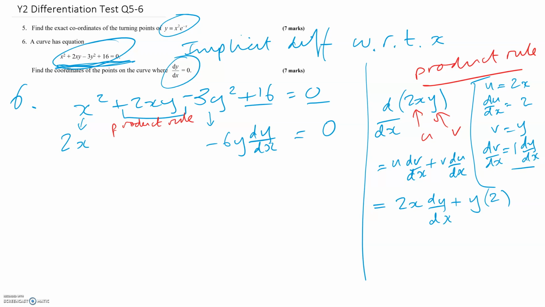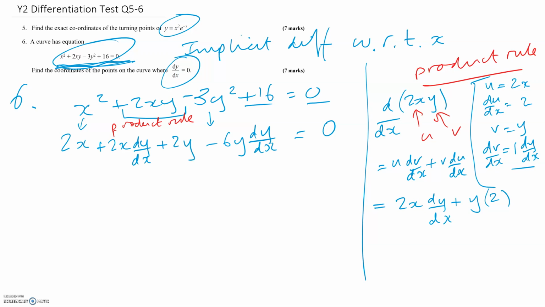So all of that here needs to go here. Okay, so let's move that all over to here. So we'll get plus 2x dy by dx plus 2y.